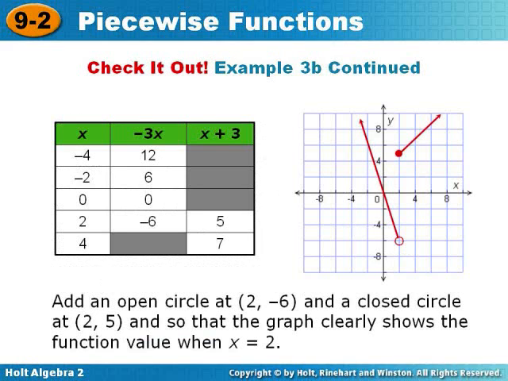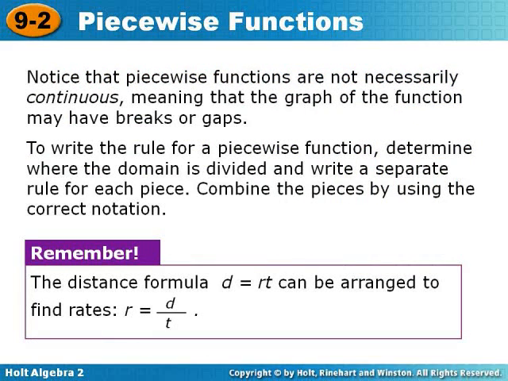Take a look at this graph and make sure it is exactly what you drew on yours. If not, compare, go back, and figure out what went wrong. Remember, piecewise functions are not necessarily continuous. A step function has these breaks in it that look like it steps up.